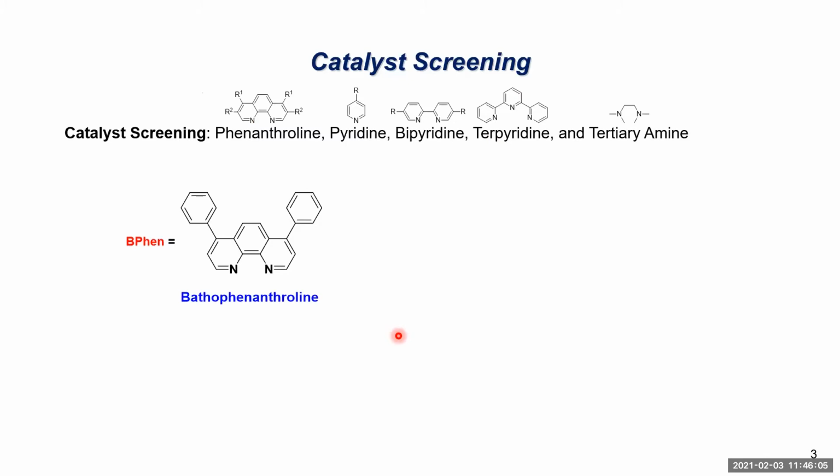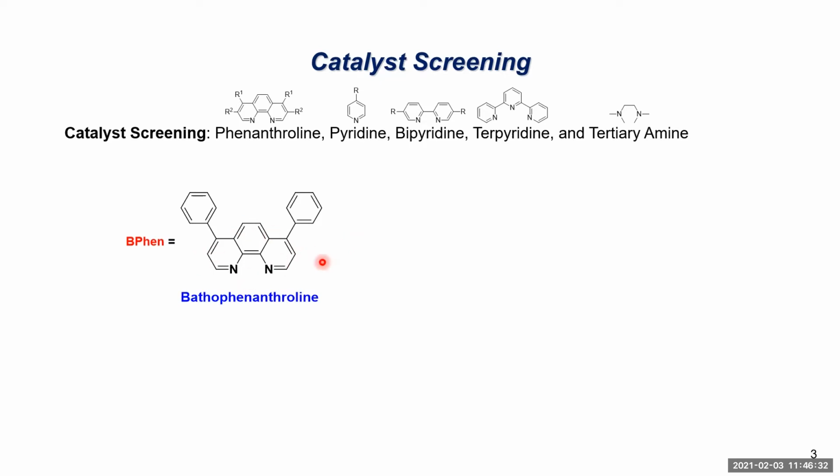After that point, we asked a question: is B-phen the best catalyst for our system? With that question, we went back and did catalyst screening. Besides phenanthroline, we also tried several different types of catalysts, such as pyridine-based catalysts, bipyridine, terpyridine, and even tertiary amine catalysts. We found that the phenanthroline backbone is very important for our glycosylations.